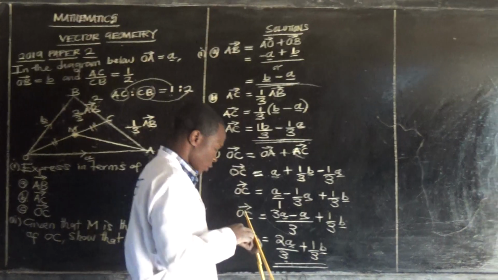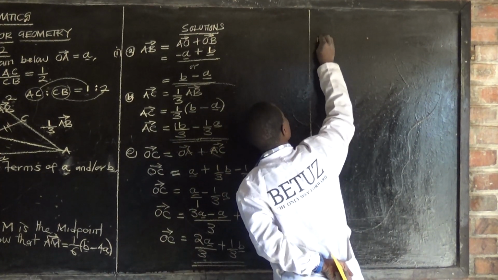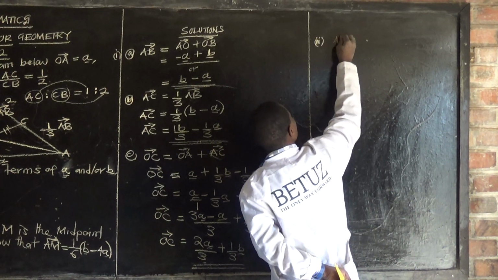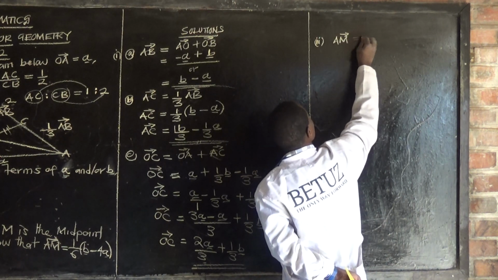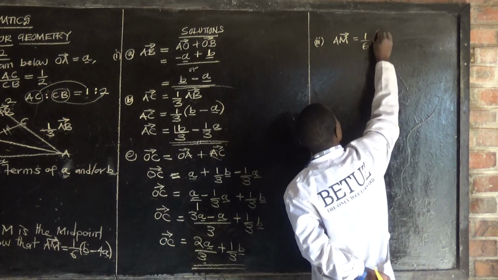Let us show. Roman numeral 2, they want us to show. AM is equal to what? 1 over, is it 6? Try to check for me if you have not made a mistake.